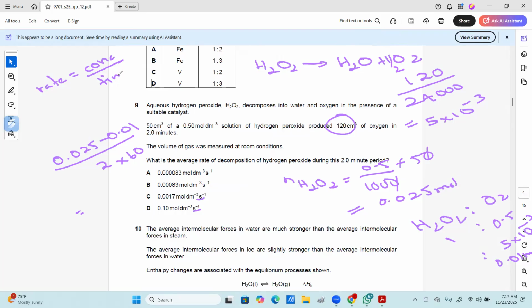Then you have to get the answer as 0.0017. That's the correct answer.